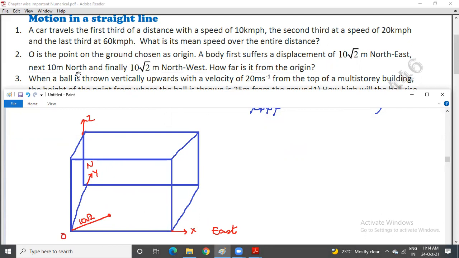Thereafter, it is going 10 meters north, so parallel to y-axis. Next, again, this is again origin. So this is 10 meters. Then last 10 root 2 northwest. Northwest means with respect to this, if you say this is east, this will be west direction.